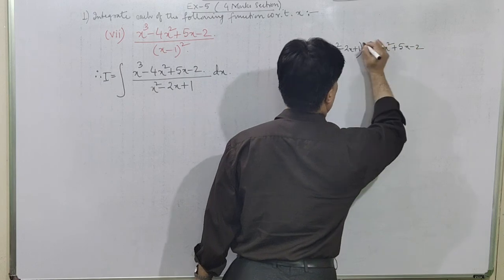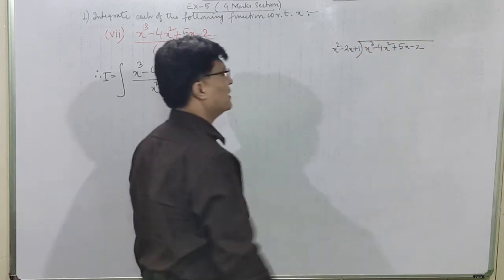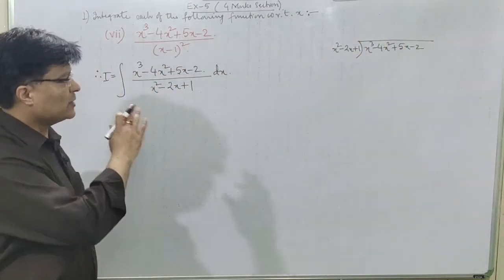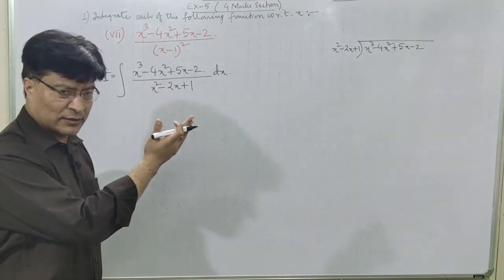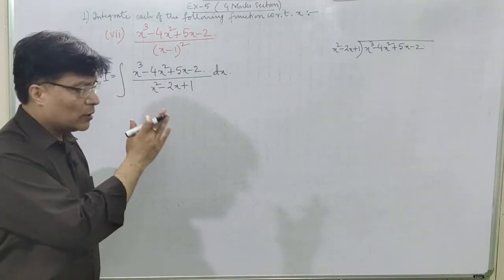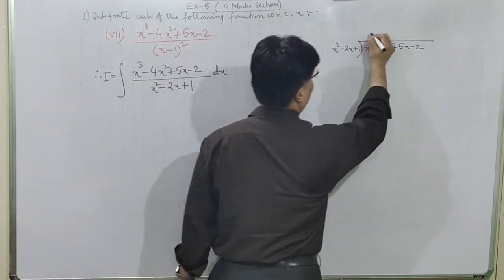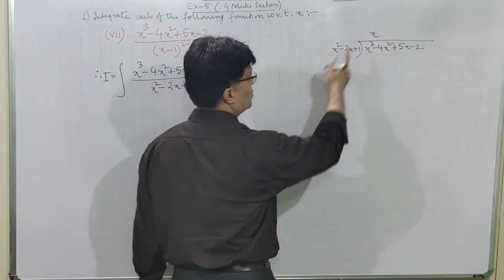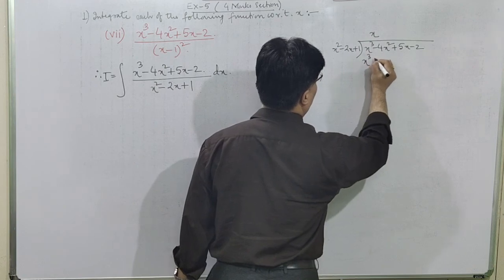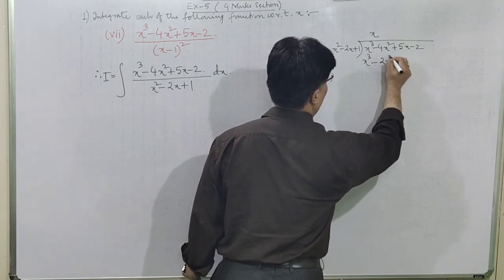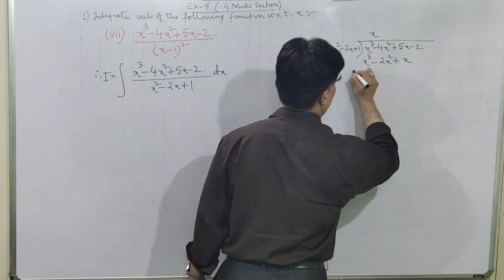So let us divide it. Now there is x square and the dividend is x cube. So by which expression will you multiply x square to get x cube? x, it should be multiplied by x. So x into x square is x cube, minus 2x square, then it is plus x.